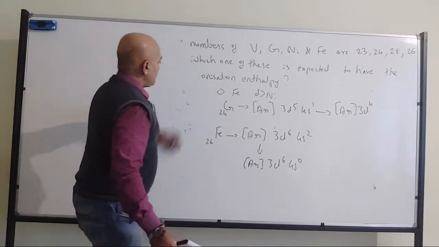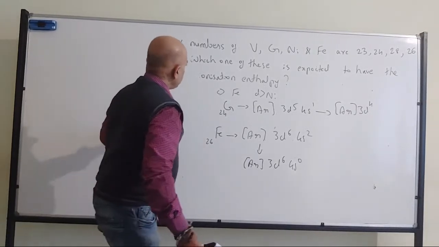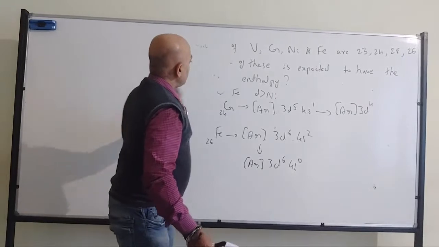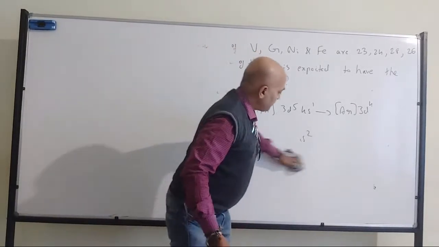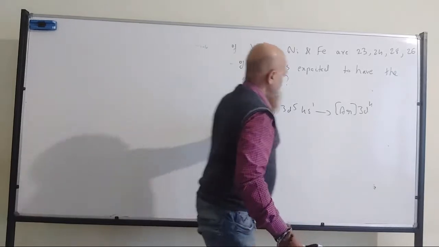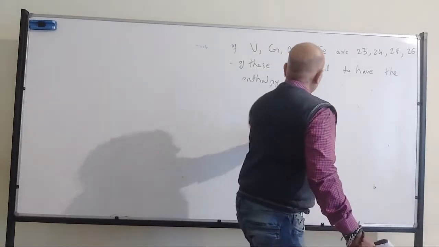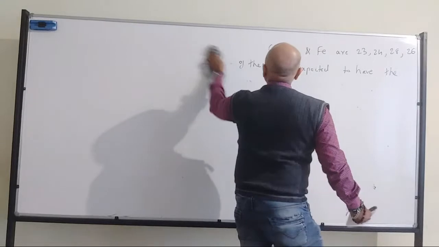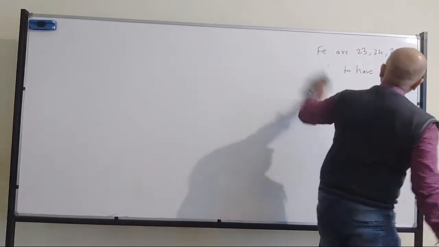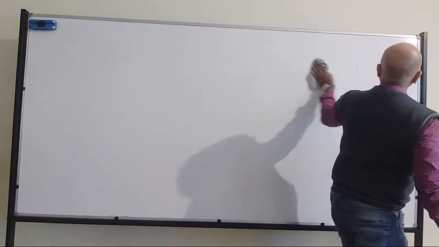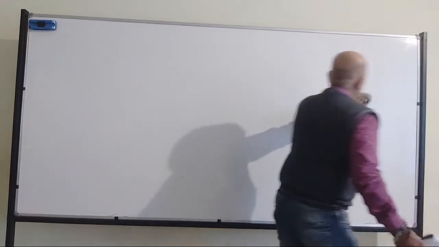For this type of question, what is required? The major requirement is you should write the electronic configuration. Then only you can answer the question. To write the electronic configuration, you should know the atomic number.